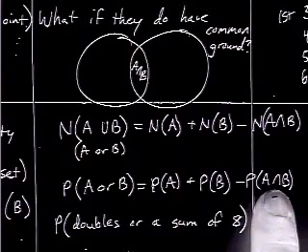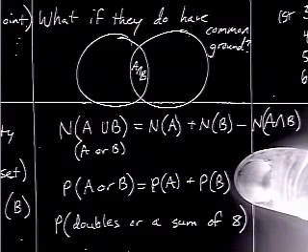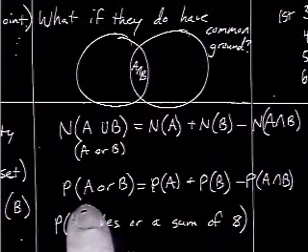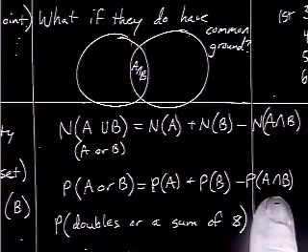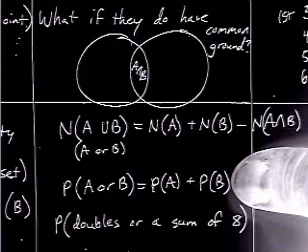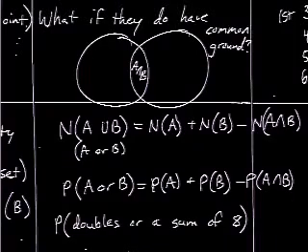What happens when the intersection is empty, so that the probability of A intersect B is 0? Oh, look, it's the same formula from the last situation. So this formula right here is a more generic formula for different probability situations. This one is a specific formula only for mutually exclusive events.